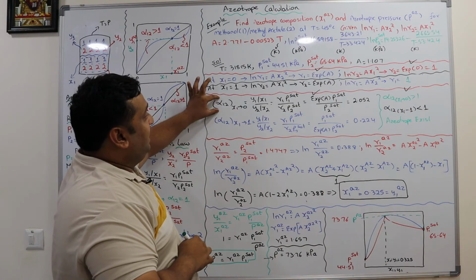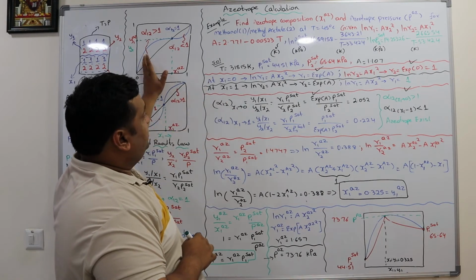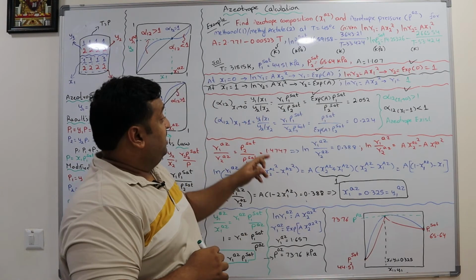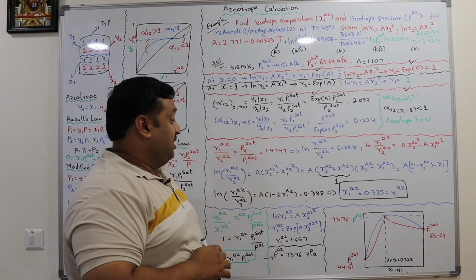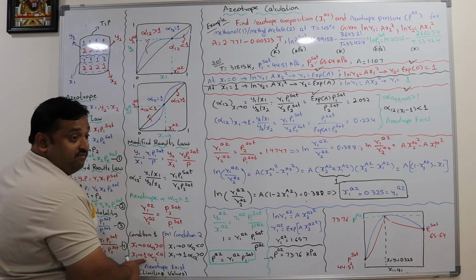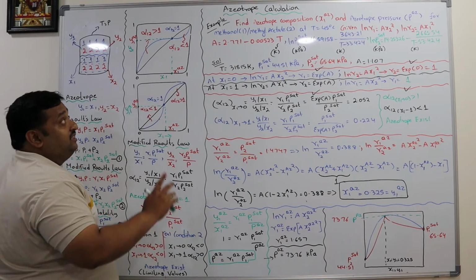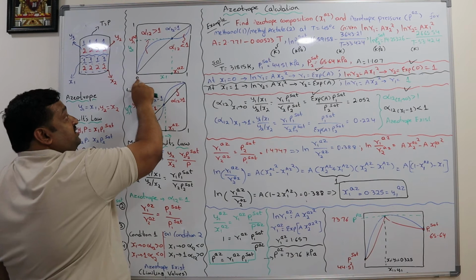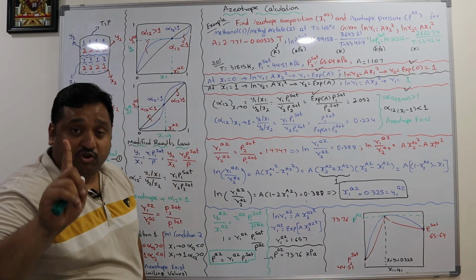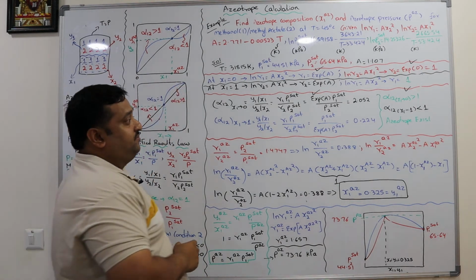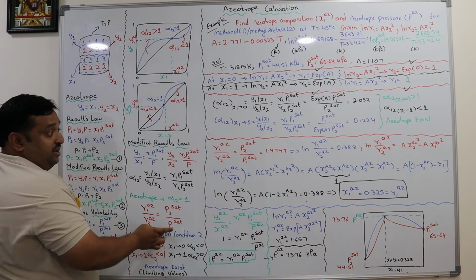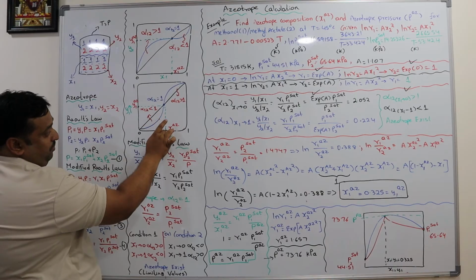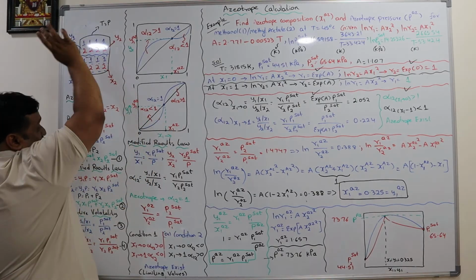That means the relative volatility when x1 towards 0 is greater than 1, and when x1 towards 1 it is less than 1. So this condition has been met. That means in between 0 and 1, the azeotrope exists. So using this equation, we can calculate at what particular composition of the liquid the azeotrope is going to form.